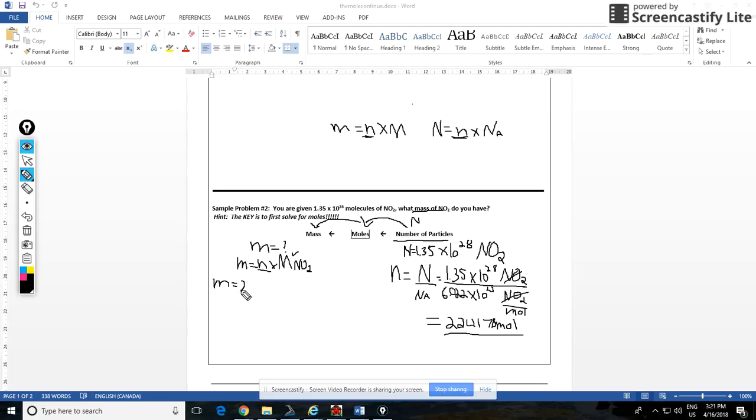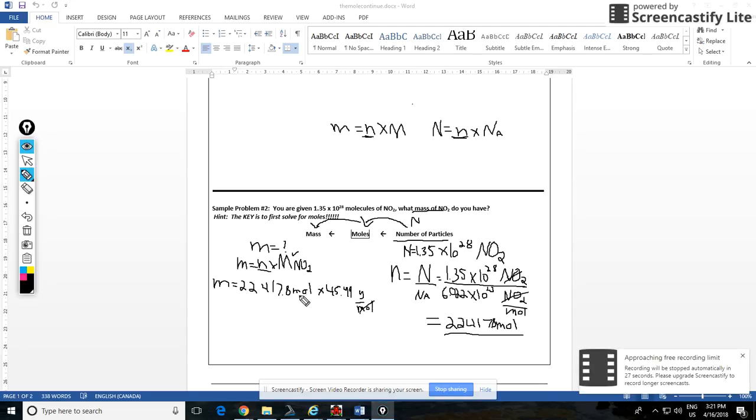So our mass is going to be equal to 22,417.8 moles multiplied by the molar mass of NO2. So if you go in your periodic table, N is 14.01 plus 2 times 15.99 for oxygen, since there's 2 oxygens. So that's going to be equal to 45.99 grams per mole.